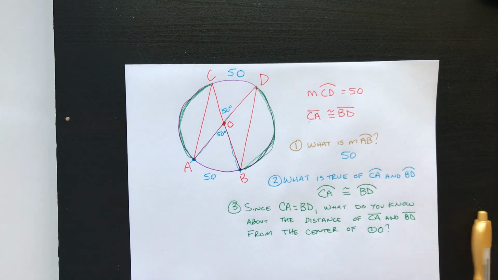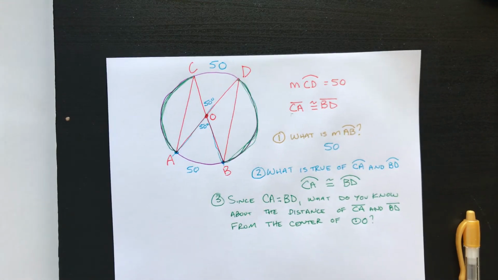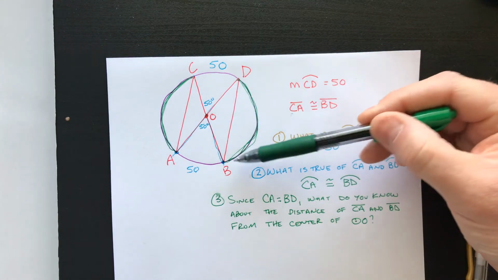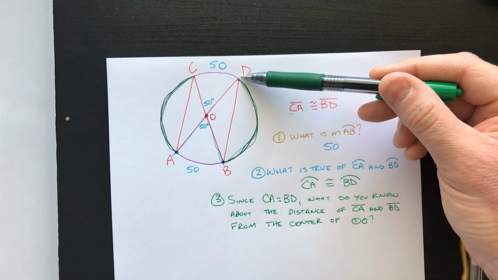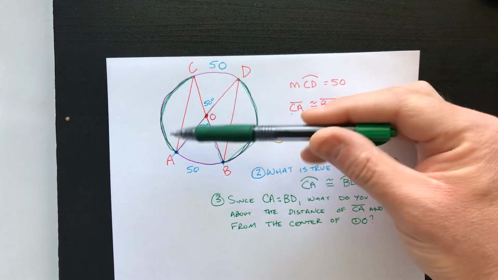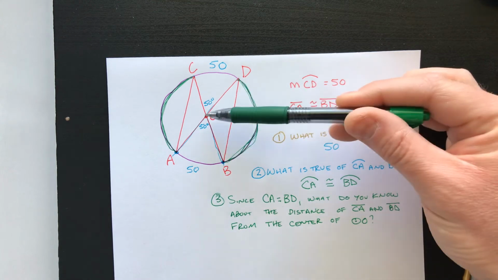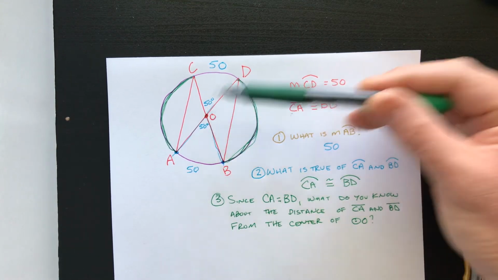So what they're saying here is, since the length CA and length BD are equal, what do you know about the distance of these two line segments from the center of my circle?